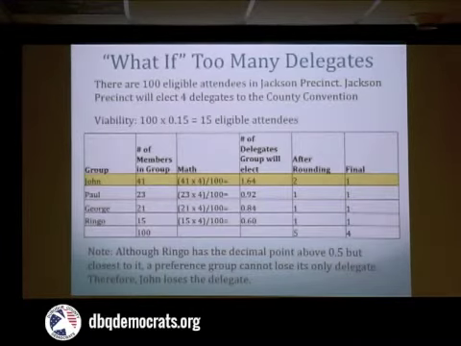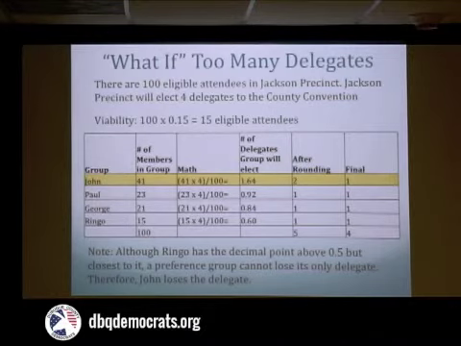So once again, the math is easy. We're at 100, like I know for all of you it will be. So the Jackson precinct has 100 people attending, and they elect 4 delegates to the county convention. Viability is 15% here since it's 4 or more.